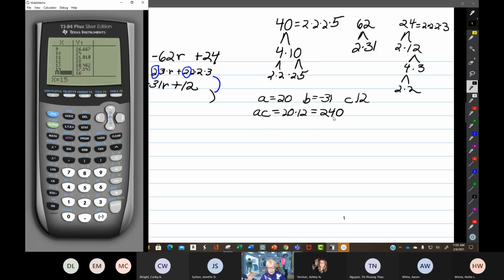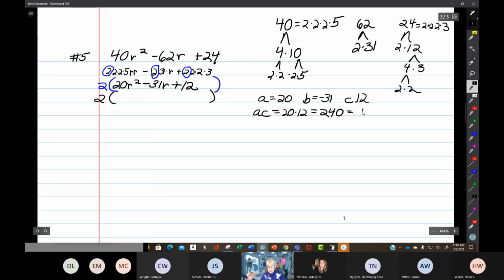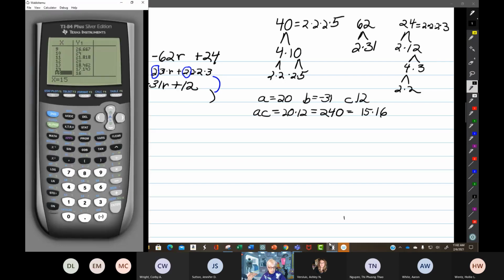AC is 240. If we want numbers that will add up to a negative number, then both of our factors have to be negative. Now this says that 240 equals 15 times 16. I never would have pulled that out of the air.